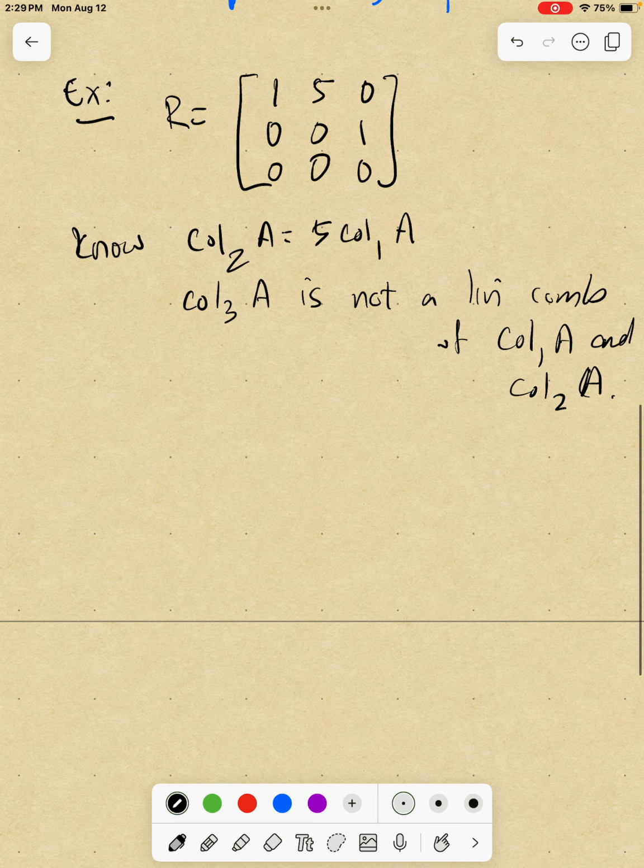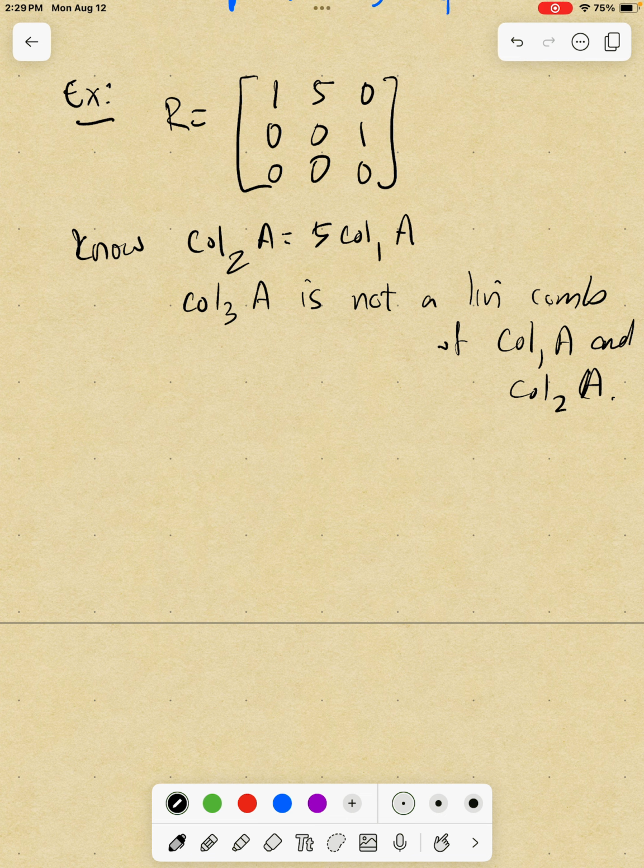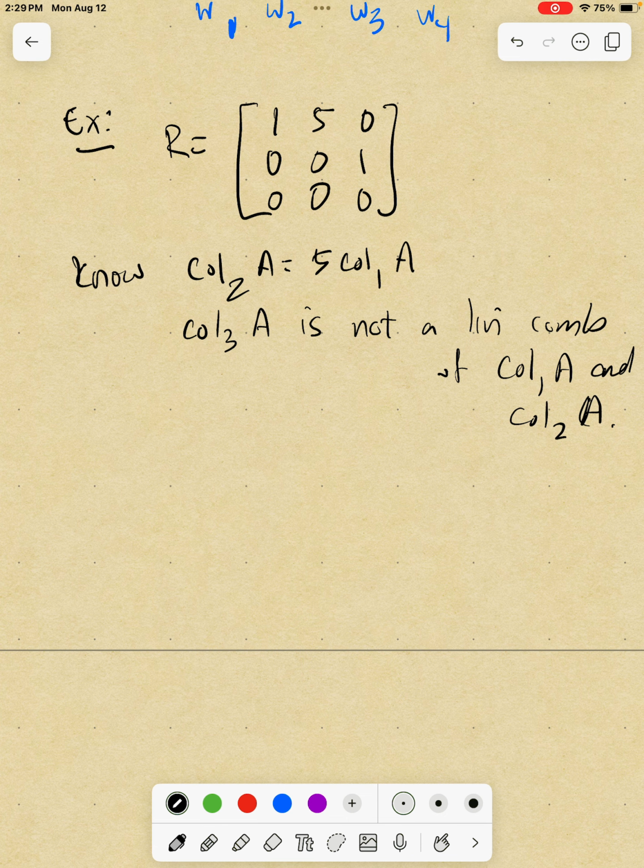And maybe I should just emphasize why, again, why is it true that if column 2 of R is 5 times column 1 of R, why is it true that column 2 of A must be 5 times column 1 of A?